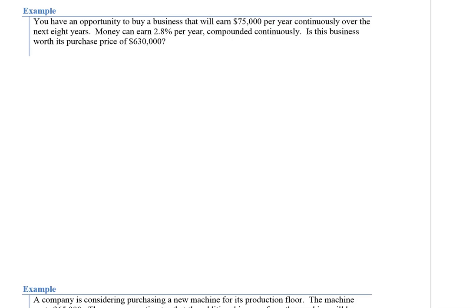So to find the present value of the business, we think of it as an income stream. The function f of t in this case is a constant $75,000 per year. So we would say f of t is equal to $75,000. The interest rate is 2.8%, and the term we're interested in is 8 years.